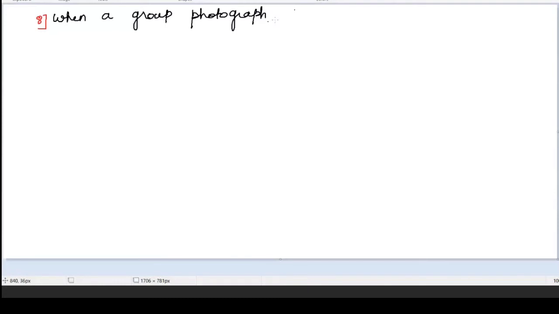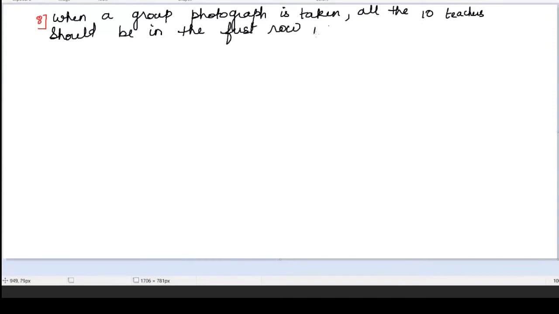Okay. So when a group photograph is taken, all the 10 teachers should be in the first row, with the principal and vice principal in the middle.